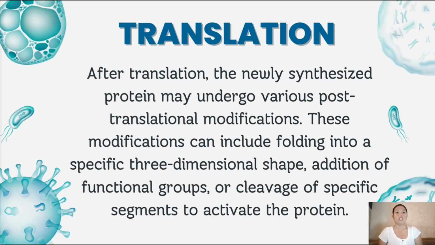It also leads to genetic disorders like sickle cell anemia or cystic fibrosis, or raises the risk of diseases such as cancer. So translation and transcription are very important in the process of gene expression in terms of our genetic information.